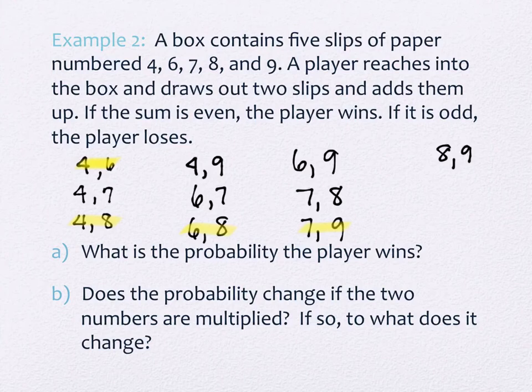So how many of them were winners? 4. Out of how many different outcomes possible? 10. And this reduces to 2/5. So with the setup the way that it is, there's a 2/5 probability of winning.